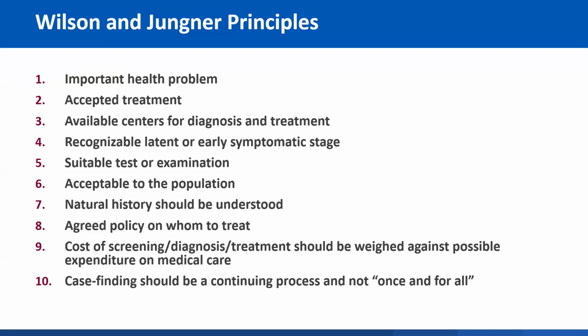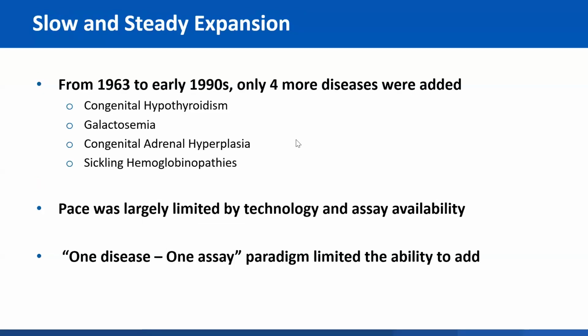You might notice, by looking at some of these, that if PKU were to be held to these criteria, it likely might not have met these guidelines at the time. Next slide. When considering the principles of screening, more diseases were added to newborn screening in subsequent years.